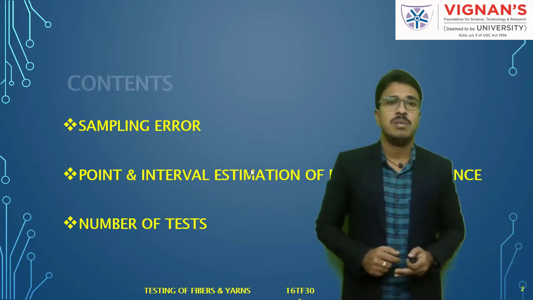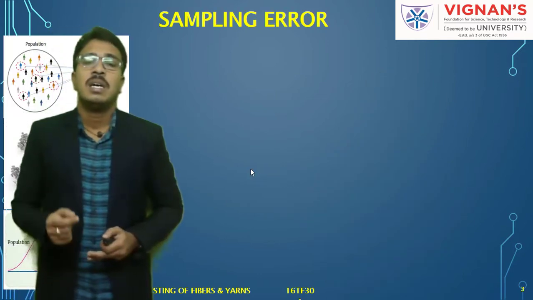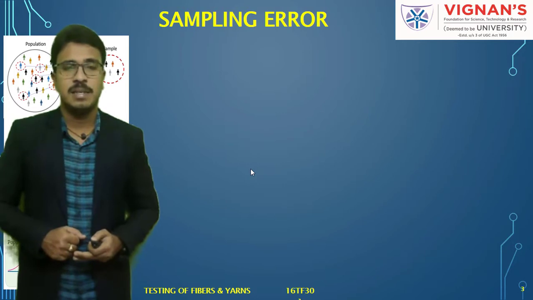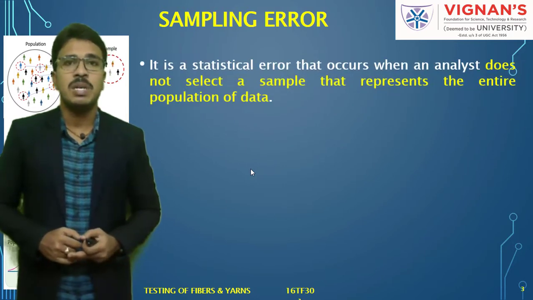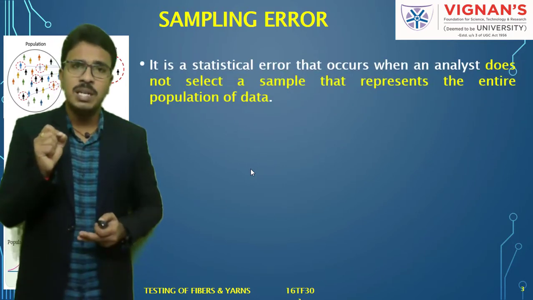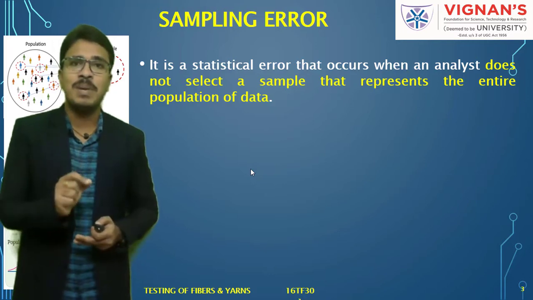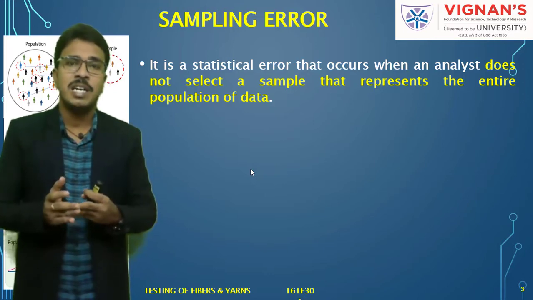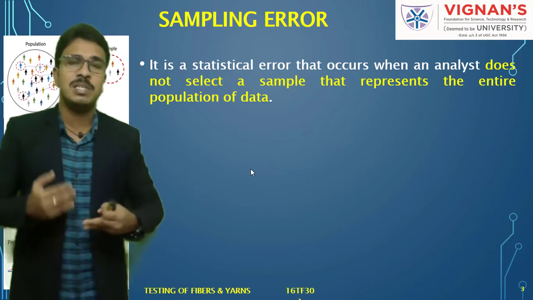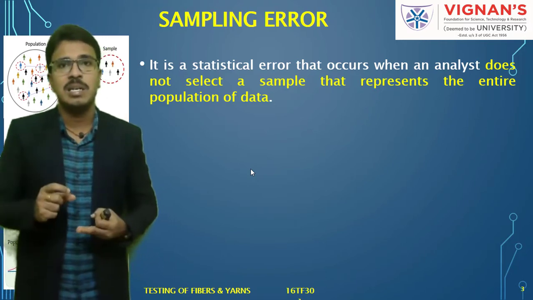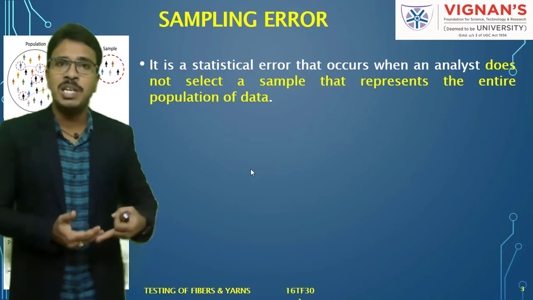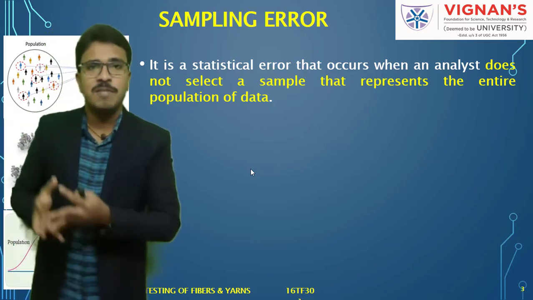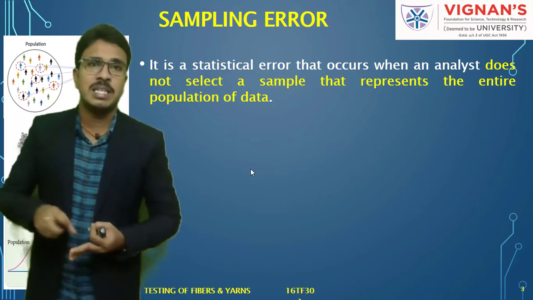Now first let us discuss this sampling error. Look at this term, sampling error, and try to think about it. Sampling you already know. You have an entire population, and from the population you select the sample.